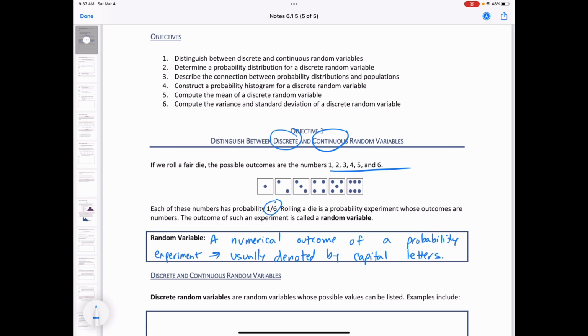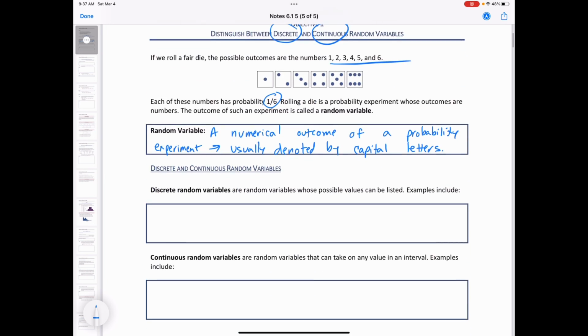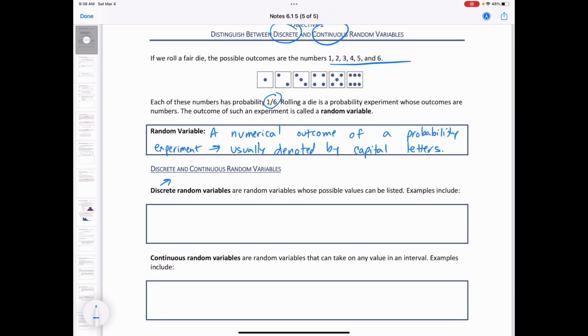And what I want to talk about first is something we've already talked about in this course, and that's discrete and continuous. And this time it's going to be discrete and continuous random variables. Just like before, discrete is something that I can count. A discrete random variable is a random variable whose possible values can be listed or counted.